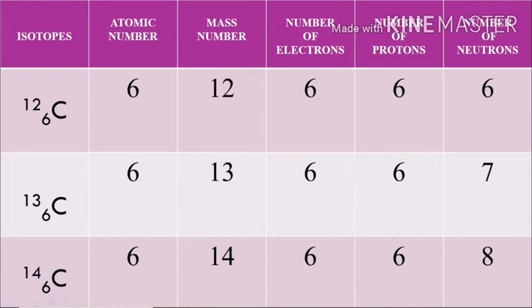Carbon 12, carbon 13, carbon 14, the 3 isotopes you are watching. The atomic number of carbon 12 is 6, carbon 13 is 6, and carbon 14 is also 6. Mass numbers are 12, 13 and 14. The number of electrons present in carbon 12 is 6, in carbon 13 is 6, and in carbon 14 is 6. The number of protons will also be the same as the number of electrons, but the number of neutrons will be different: 6, 7 and 8.